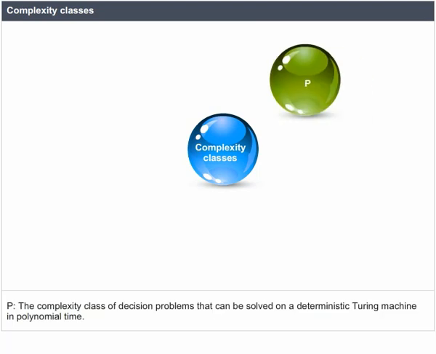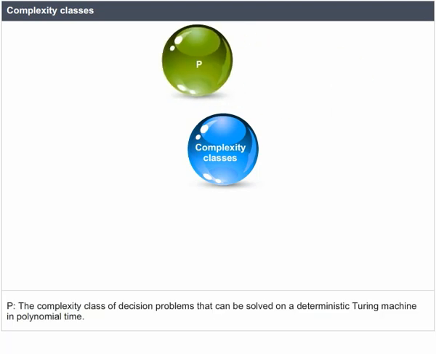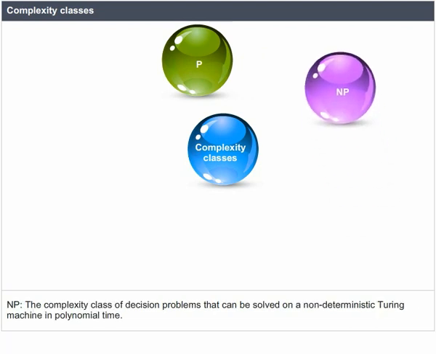Complexity classes. P. The complexity class of decision problems that can be solved on a deterministic Turing machine in polynomial time. NP. The complexity class of decision problems that can be solved on a non-deterministic Turing machine in polynomial time.